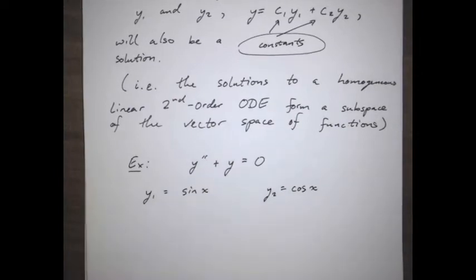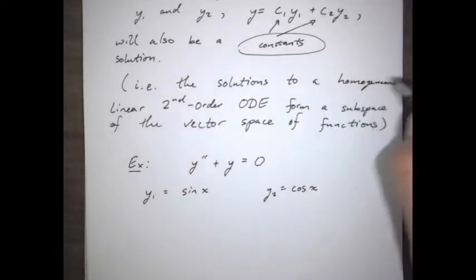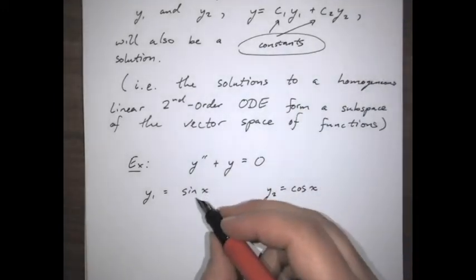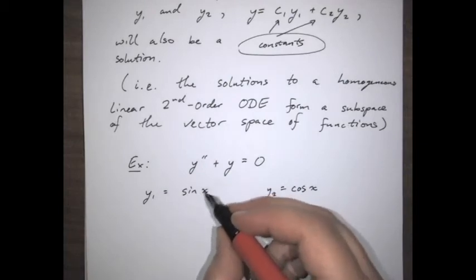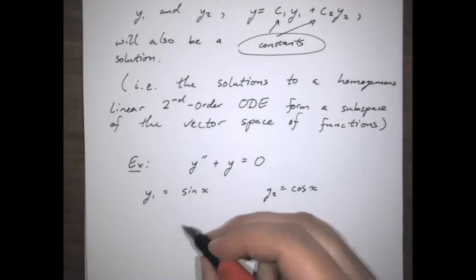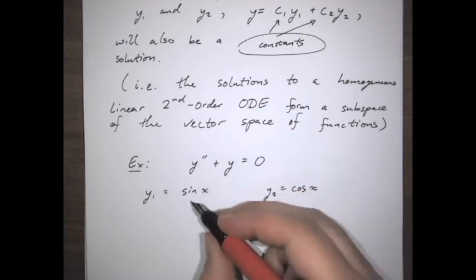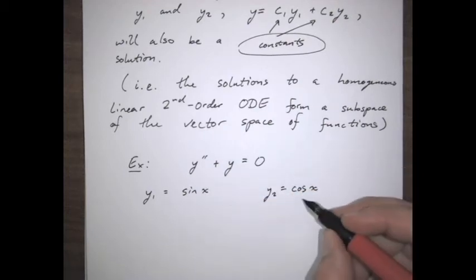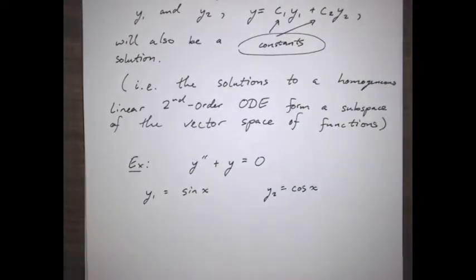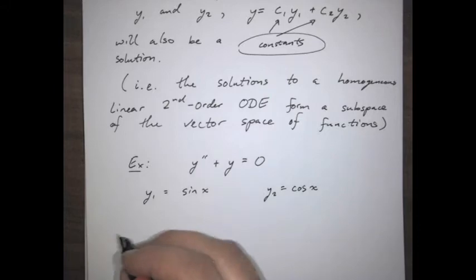Then if these truly are solutions to this, then any linear combination of these will be another solution. So in particular here, sure enough, if you take the second derivative of sine, you get cosine first, then negative sine, add that to the original, it'll cancel out, and over here, the same thing is true for cosine. So these are two solutions, so then any linear combination of them will also be a solution.